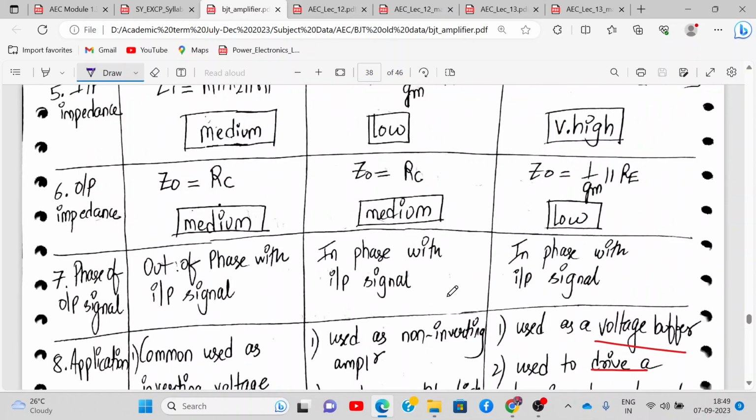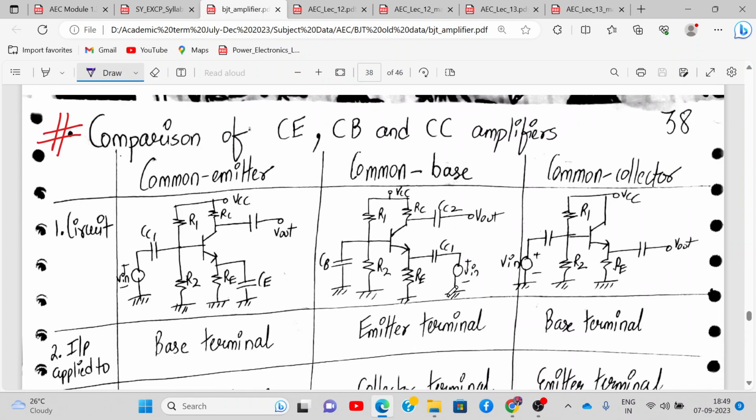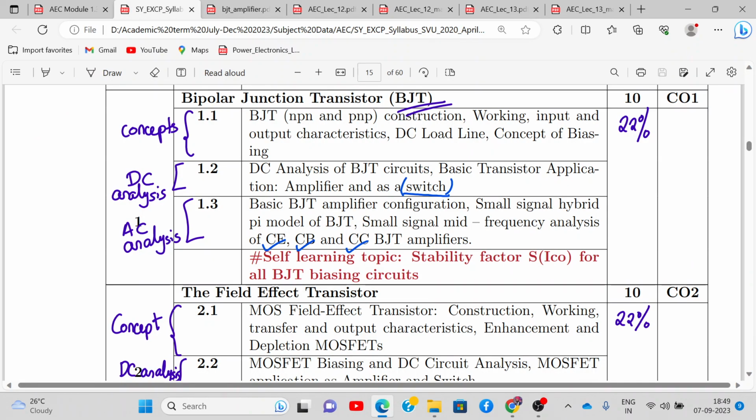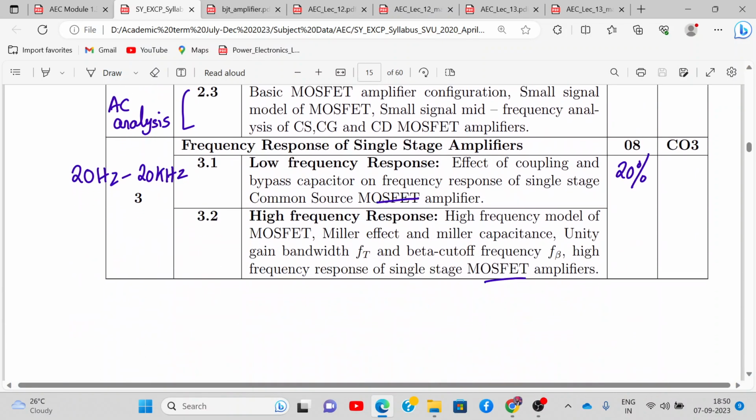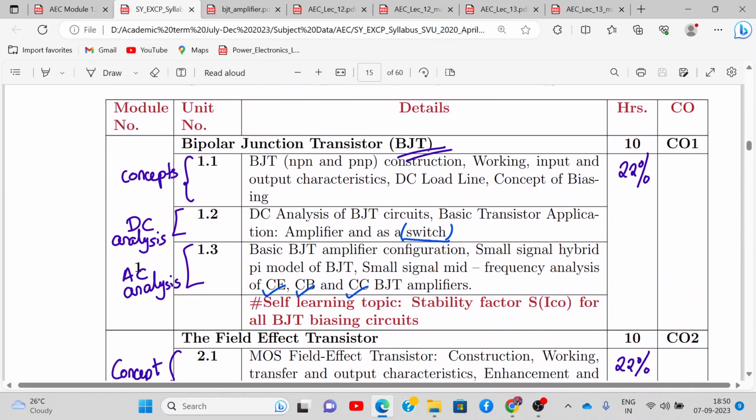All right. So yeah, with this we have come to the end of this topic: basic BJT configuration, small signal hybrid pi model of BJT, small signal mid frequency. Don't worry about the term mid frequency. This we will cover when we reach frequency response of single stage amplifier. That will be covered in your class.